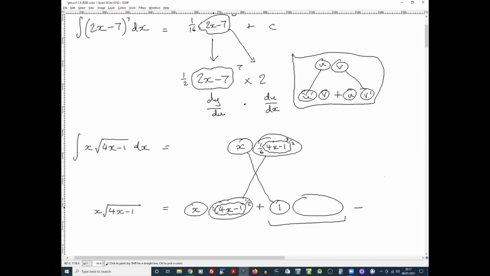But then of course we don't have what we originally had. But we would, because on the way down, from here to here, we multiply by 4, the derivative of the inner function, which is going to cancel the quarter. So yeah, that's fine.